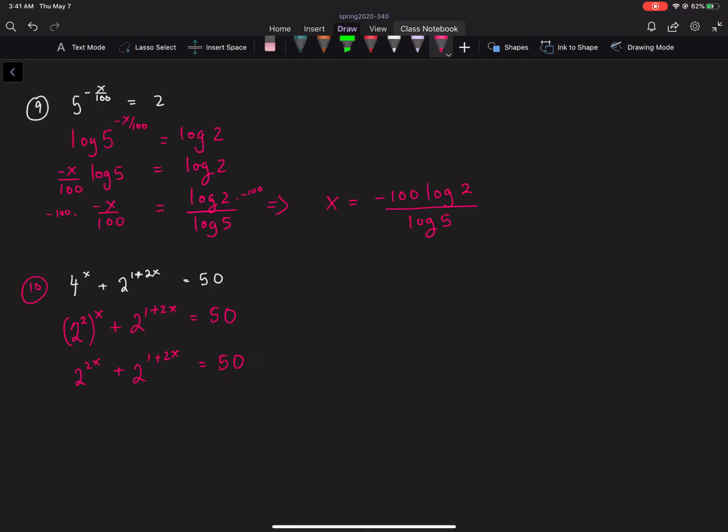All right, this is a little bit tricky. Imagine this. The first term is 2 to the 2x. Its coefficient is 1. And then 2 raised to the 1 plus 2x has a coefficient of also 1.